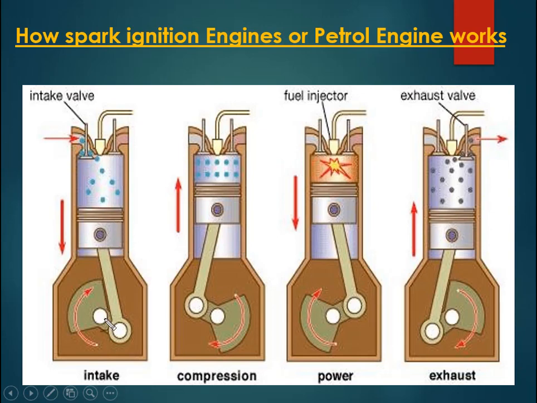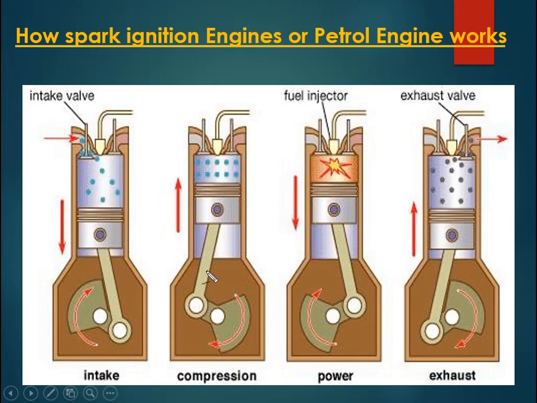In the intake stroke, the piston moves downward, and because of this movement it creates a low pressure region in the cylinder. At that time the intake valve opens, and the fuel air mixture enters into the cylinder.